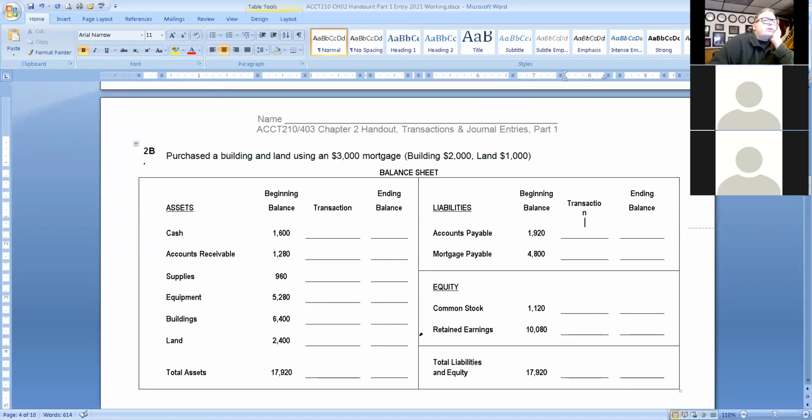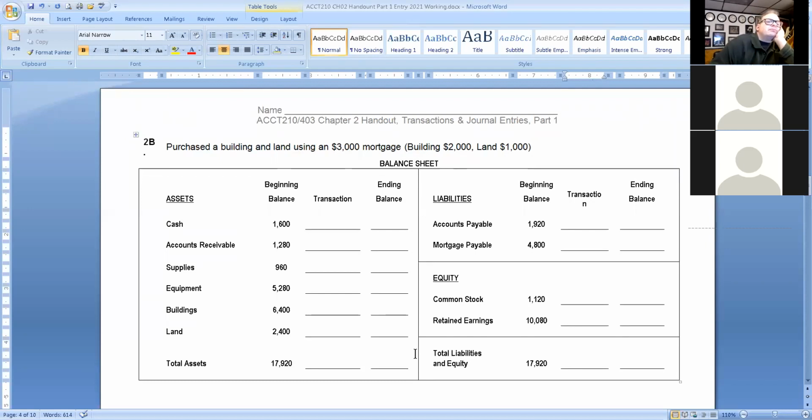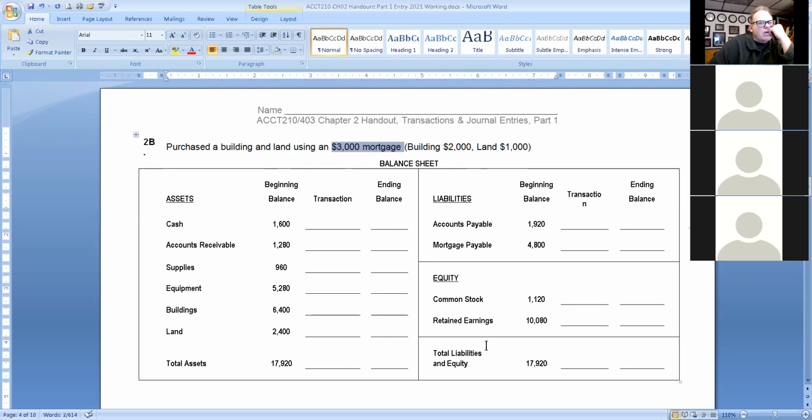Okay, so what are we gonna do with this one? Let's see, mortgage first. Are our liabilities going up or down? Would it go up? Yep. So we owe 3,000 more.